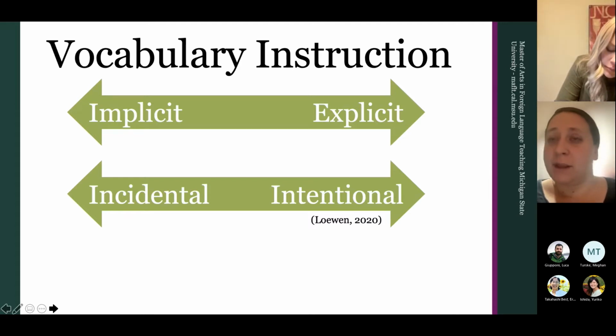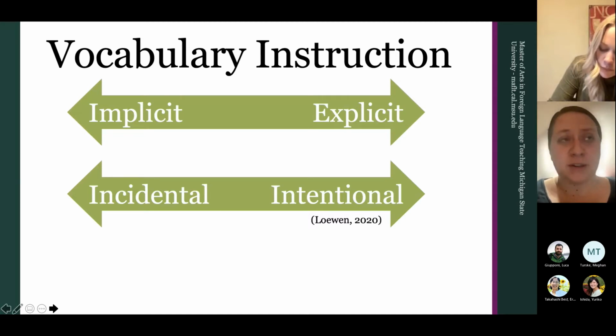These are the words you need to know, memorize them, fill in the blanks on the unit test. And then we also have the incidental versus intentional spectrum. Incidental is, as the words come up in the class, as you have a need to use the language, you teach that vocabulary item to the students, or intentional, which is very structured and planned.